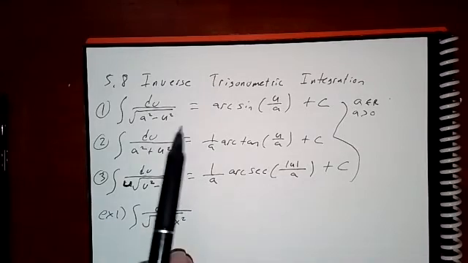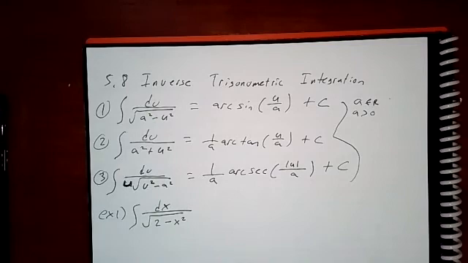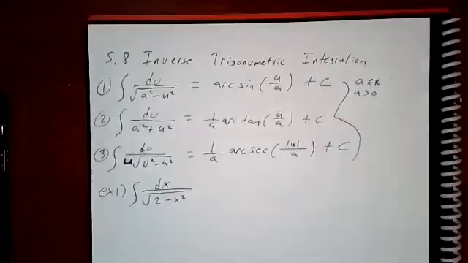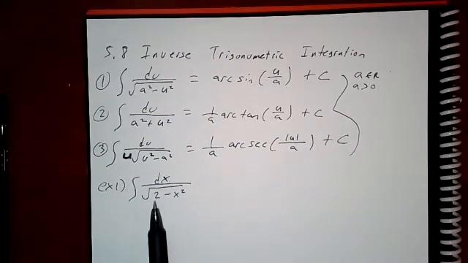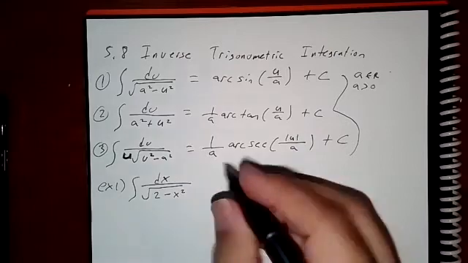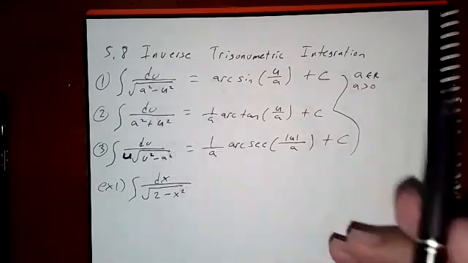So A is the number, right? And U is some variable. So if this is my number and this is my variable, which one does it look like? Yeah, it looks like number 1. So we just need to make it look like this.